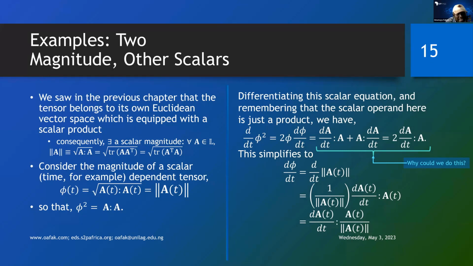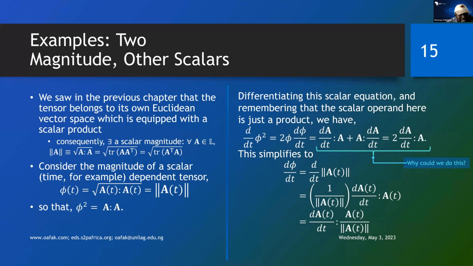Consequently, there exists a scalar magnitude for all A that is a tensor. The magnitude of A is the square root of the inner product of A with itself, which is the trace of A A transpose or the trace of A transpose A. These are things we have defined before.